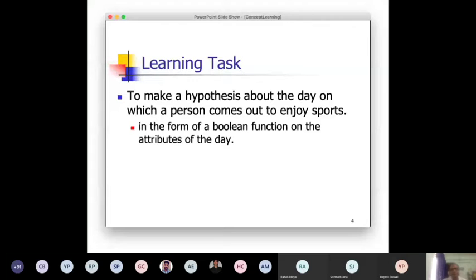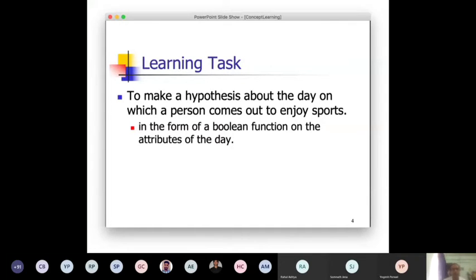As I discussed in the previous class, in a machine learning task in general, we need to make the problem a bit more precise. How to represent this relation, this hypothesis, is very important.